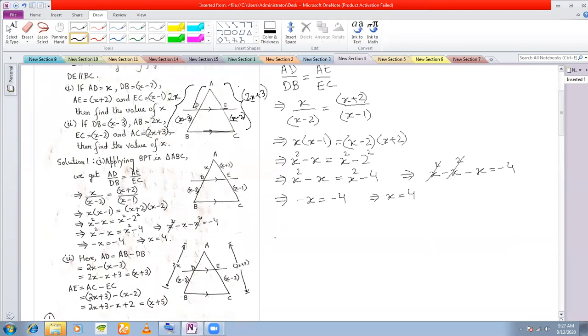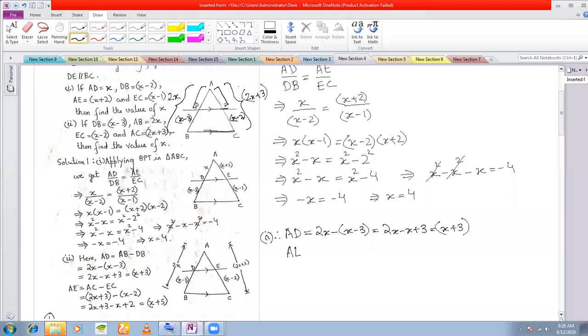What is AD? Therefore, AD, this is your part 2. AD must be equal to 2X minus X minus 3, which is equal to 2X minus X plus 3, which is equal to X plus 3. So I've managed to find out AD. Now let's see what AE is.